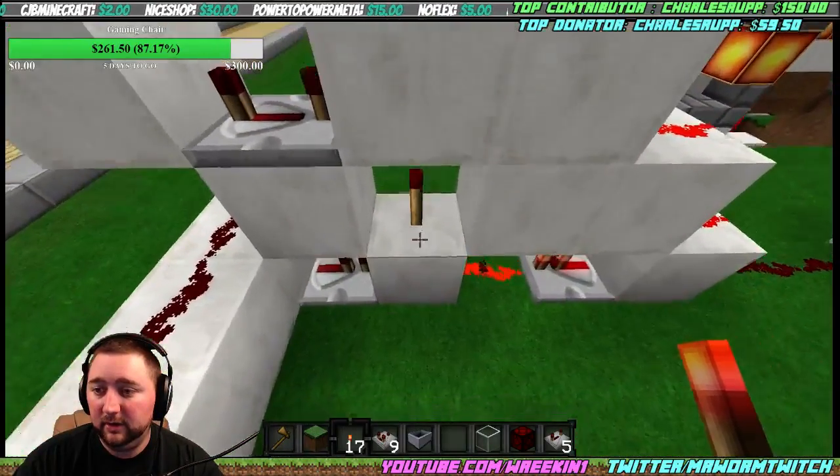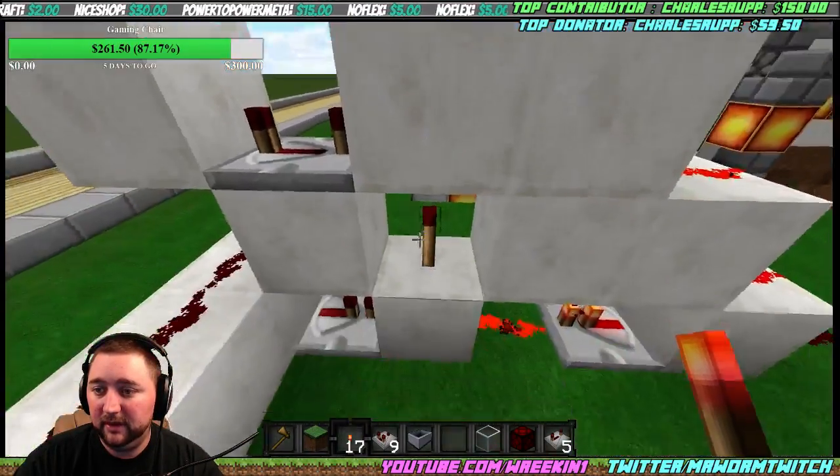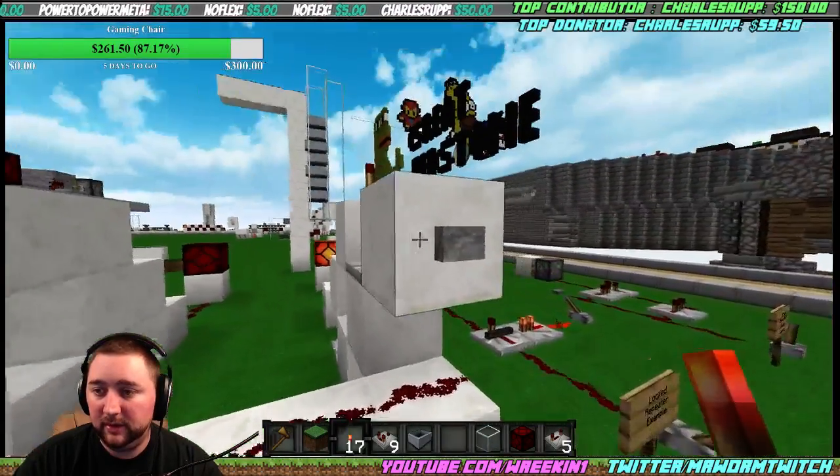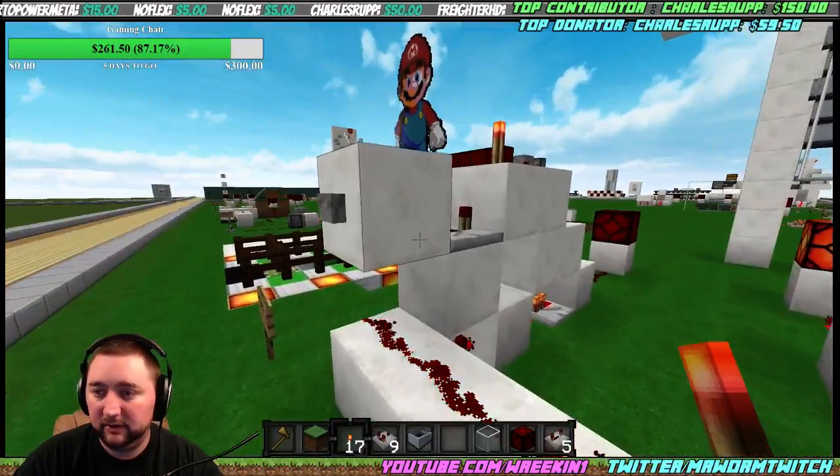Okay, and if you'll notice, that torch is directly above that torch, right? So when I press this button, or sorry, excuse me, this button, let me reset it first. Okay.